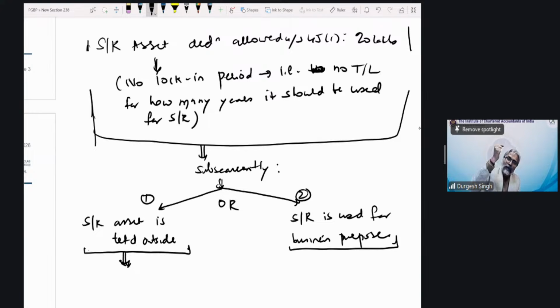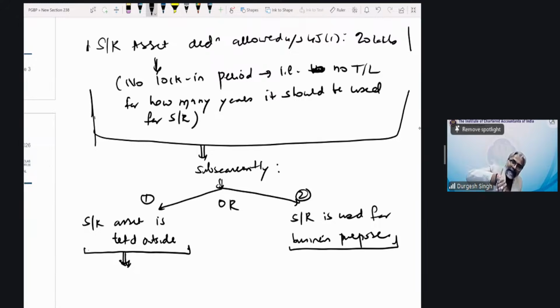So I gave you the deduction in PGBP. So subsequently, any recovery would also be under the head PGBP. It was a capital expenditure for which I gave you the deduction outrightly under the head PGBP. So subsequently, the recovery to the extent of deduction will also be charged under the head PGBP.